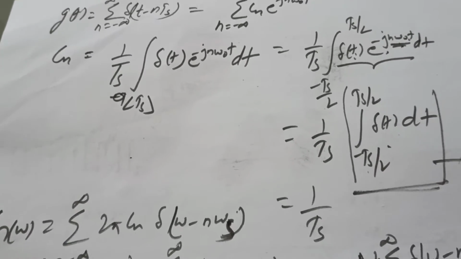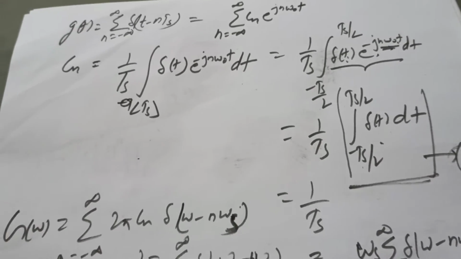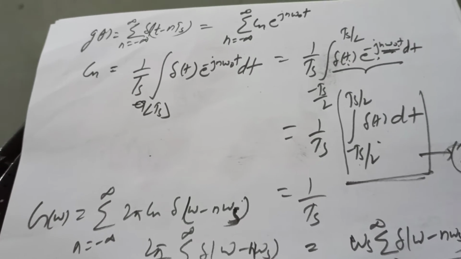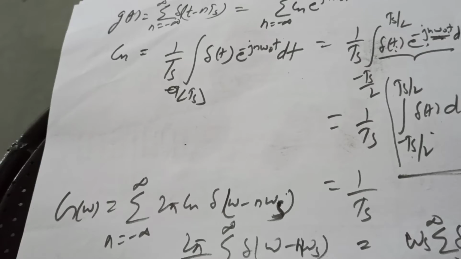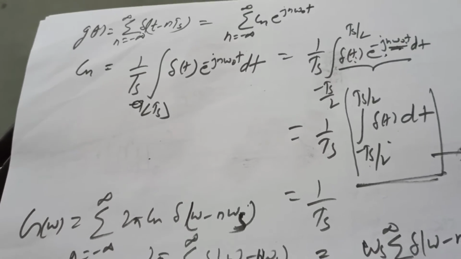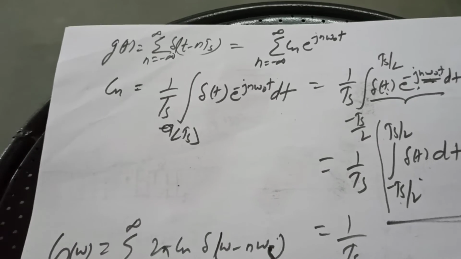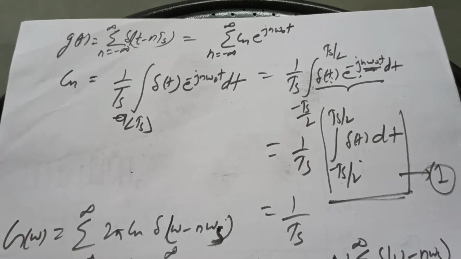This is your g(t) that we have already discussed. I had already given you the Fourier transform of this particular thing, but still if somebody is interested in the long method, then I would like to revise the long method.